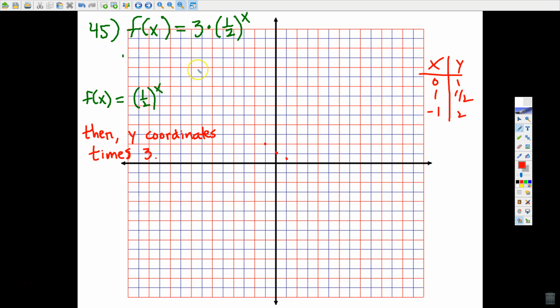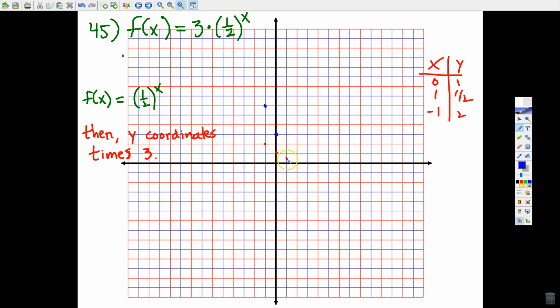But what this tells me to do, this is called a vertical stretch when I multiply it by a number that's not a fraction. Essentially, and I've spelled it out for you here, if you just take these 3 points that we plotted and multiply just the y coordinates by 3, then you'll have the graph of this function. So here, I've got the point -1, 2, but when I multiply by 3, it makes -1, 6. Here is the point 0, 1, but when I multiply by 3, I get 0, 3.